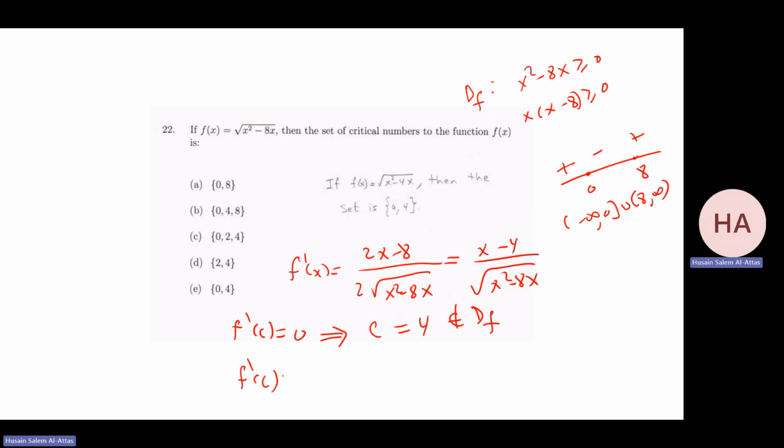F prime at c does not exist. Then that means what? x squared minus 8x equals 0.